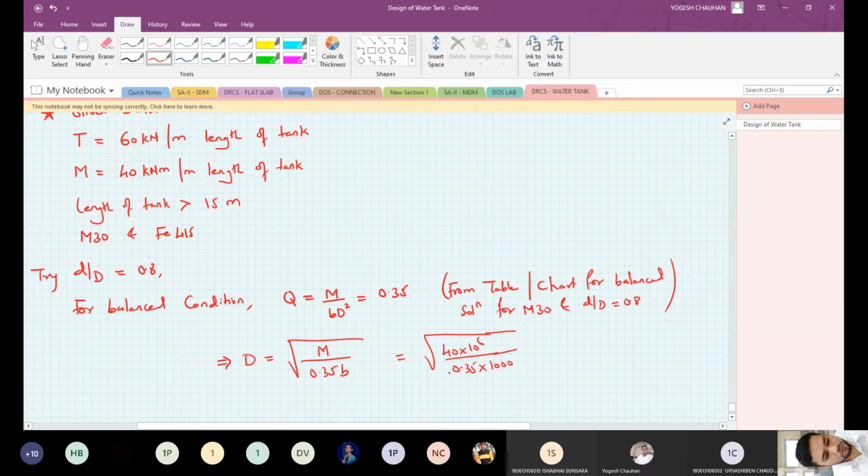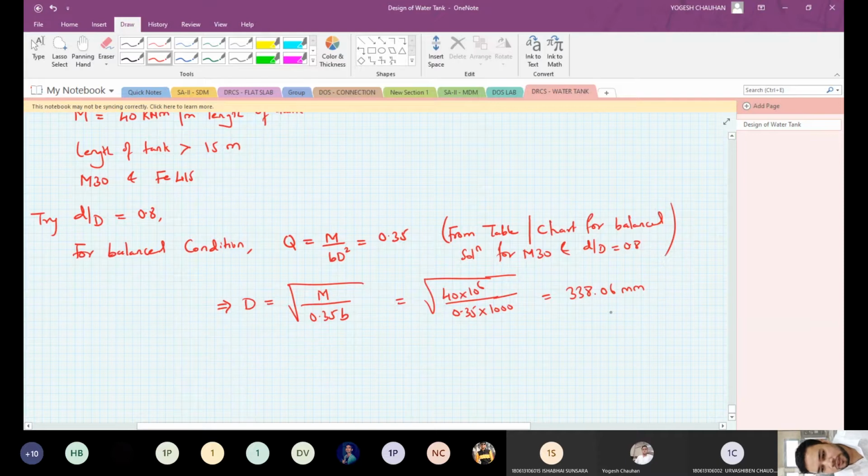So you will get this value as 338.06 mm. Now this is for the member subjected to only bending, but in our case it is also subjected to tension. So we'll take the higher value than this.